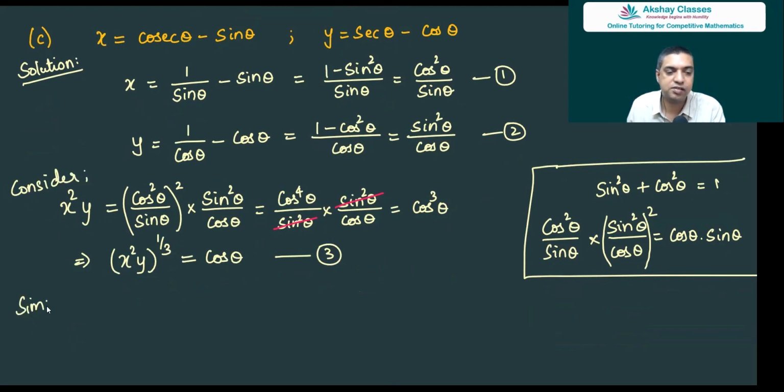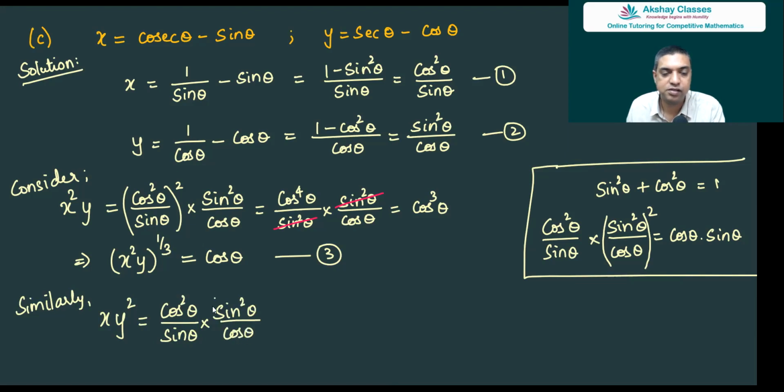Similarly, x y square will be cos square theta upon sine theta times sine square theta by cos theta, the whole square. This will be cos square theta by sine theta times sine to the power 4 theta by cos square theta.